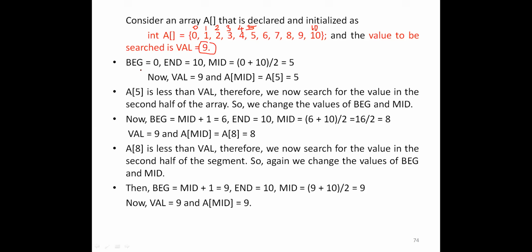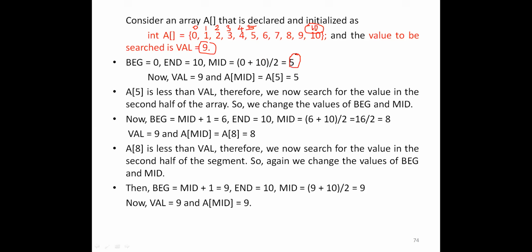We are going to find the value 9. Initially, we have to set the values of beginning, end and middle. Beginning is 0, end is index 10. Middle is the lowest index plus the highest index, 0 plus 10, 10 divided by 2 is 5.